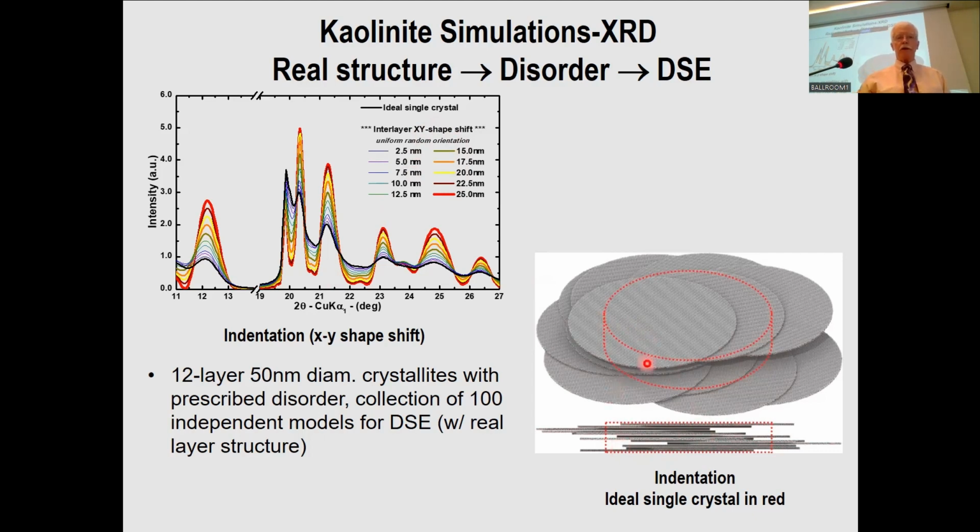And so for different kinds of XY shifts, you see gradually we go from a diffraction pattern that resembles that of Keokuk kaolinite to something that becomes increasingly more turbostratic.